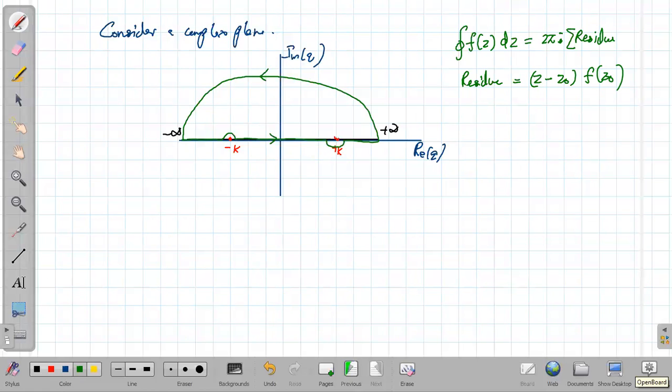We are using this result in order to find our integration.